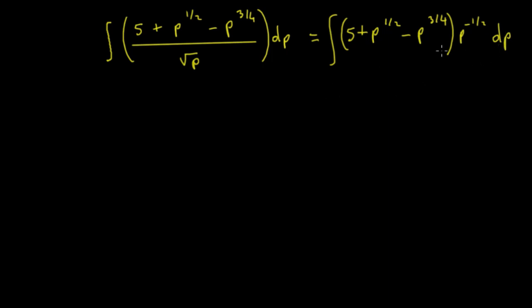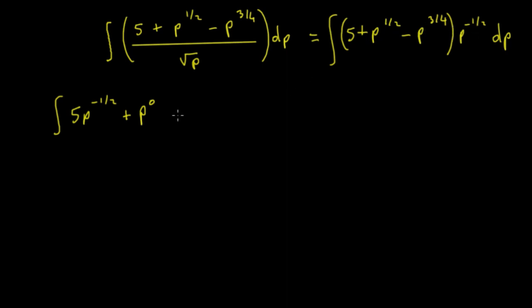So let's multiply this out. So that's going to be the same as saying the integral of, well, 5 times p to the minus a half. Now this one here is going to be p to the half. Now when we multiply these we add the indices, so it's plus a half minus a half is 0. So it's going to be plus p to the power of 0.